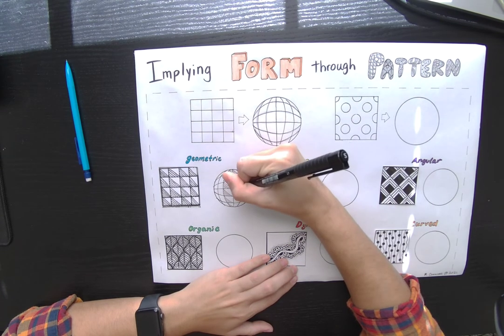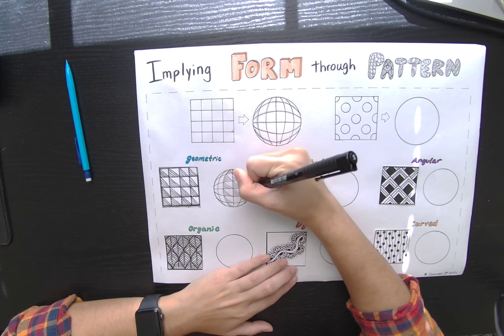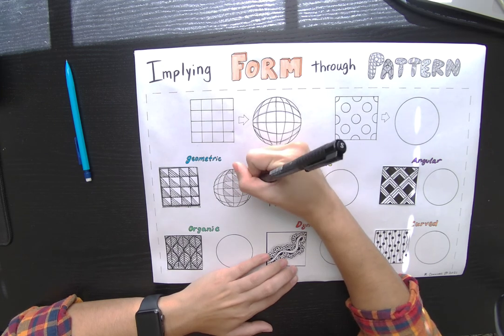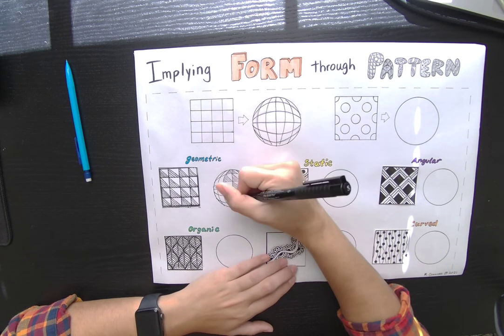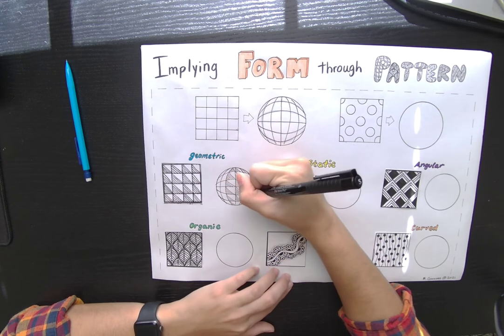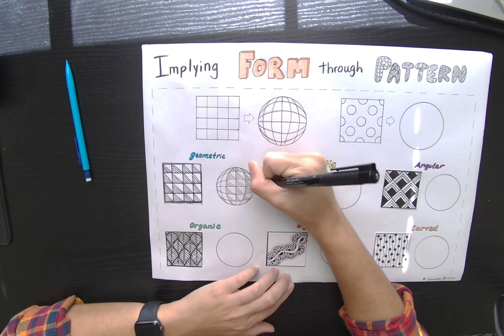So this is probably the easiest example of all of our patterns. So notice how, without even adding shading, it looks like our sphere here is 3D because we've added these contour lines that wrap around the form or the implied form.